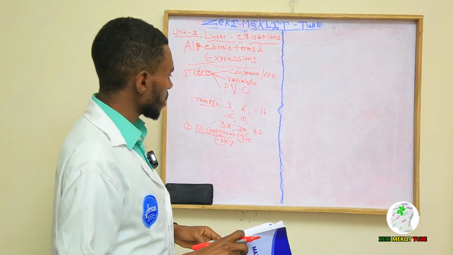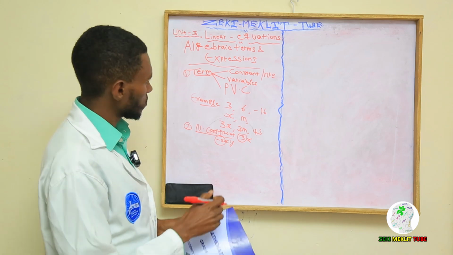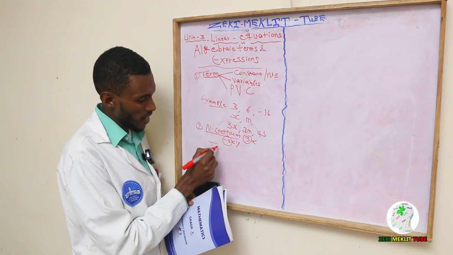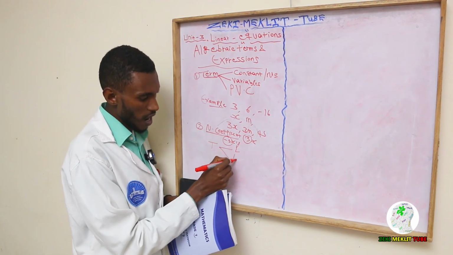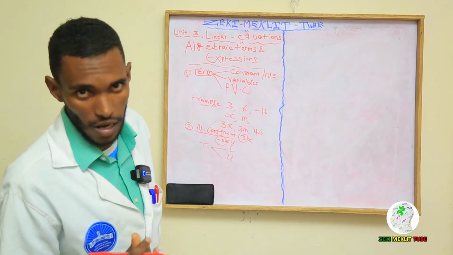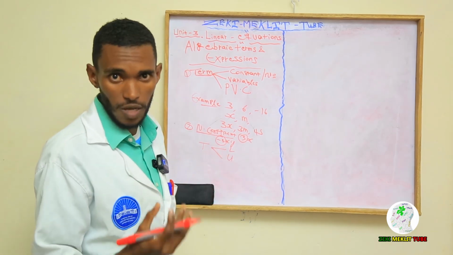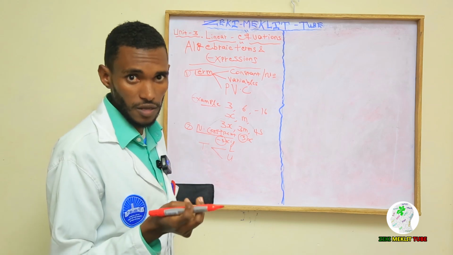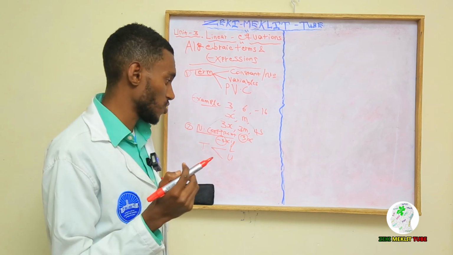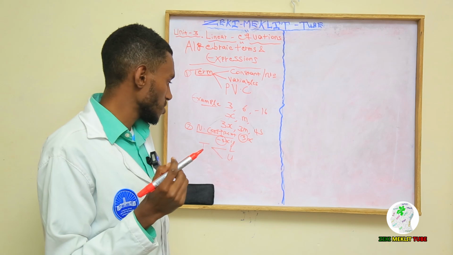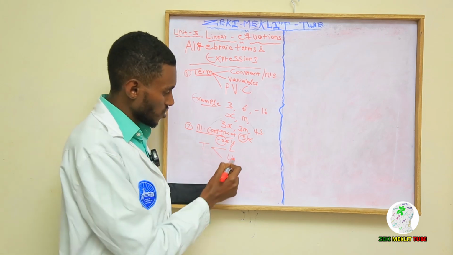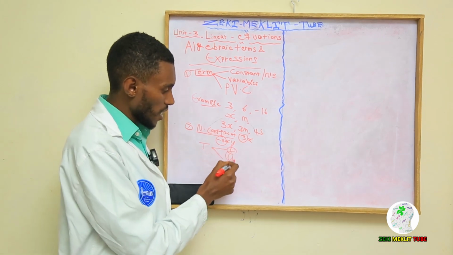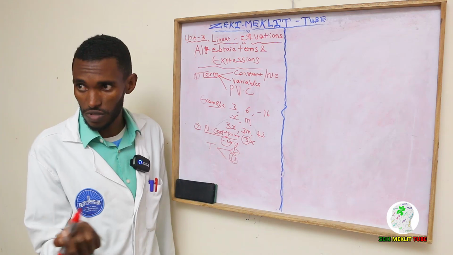And also, we classify terms into 2: like and unlike terms. As you understand from the name, like terms means similar terms. Similar in what? Similar in variables and similar in exponent. It should be similar because we say like term. But unlike is if it is not like term.